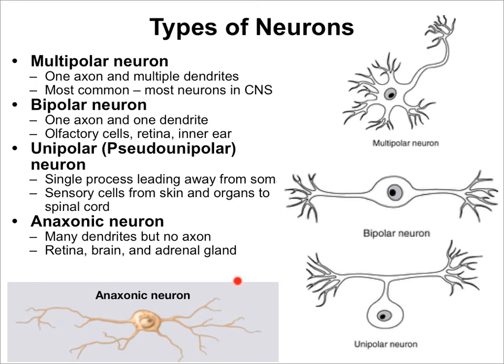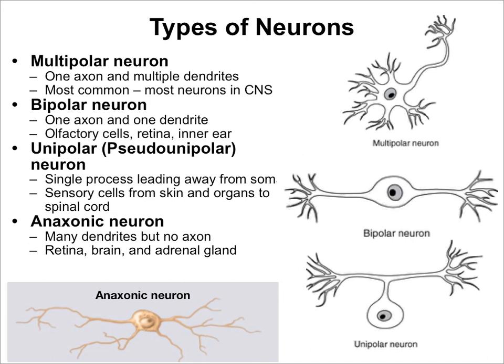The last is an anaxonic neuron. That means that it doesn't have an axon. And here you can see this neuron. It's got dendrites going off in all directions, but no axon. These are, for the most part, found in the central nervous system.